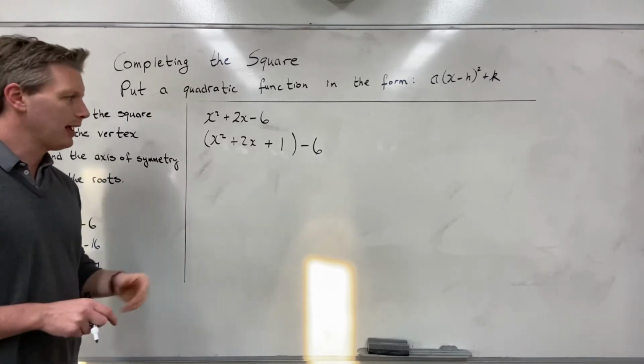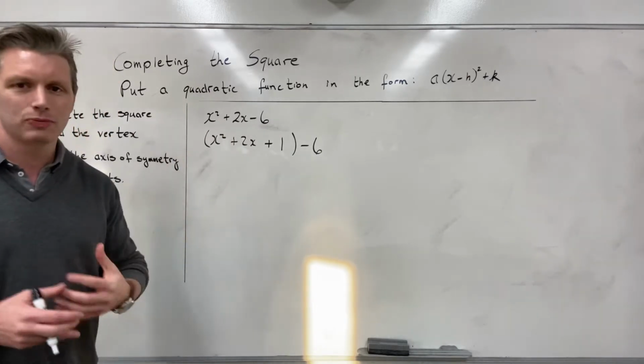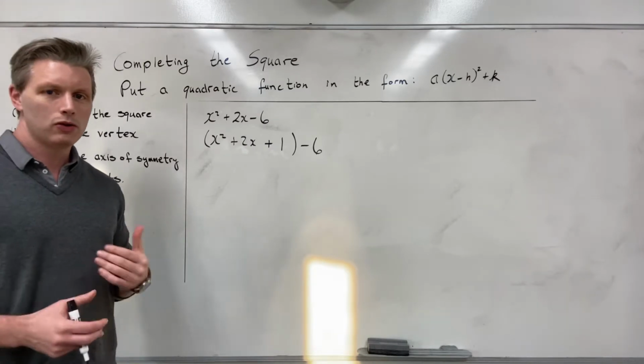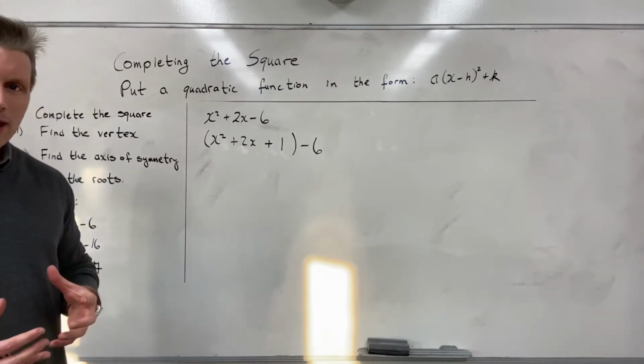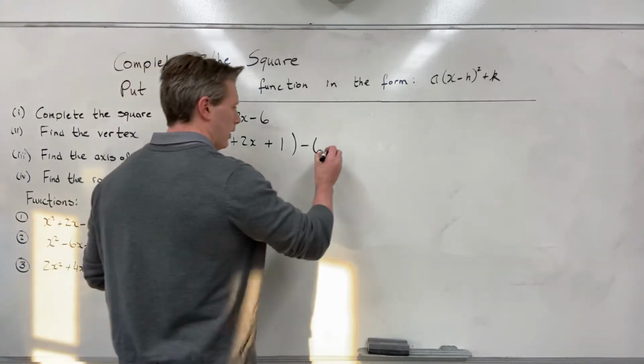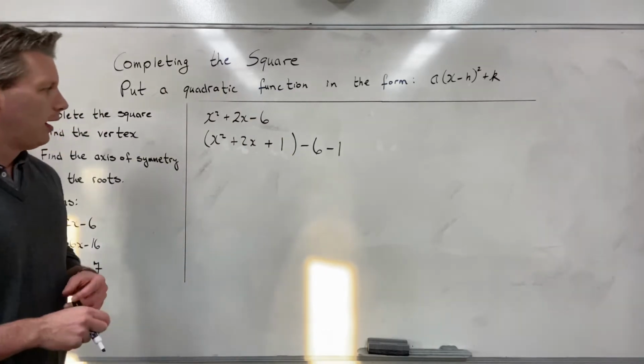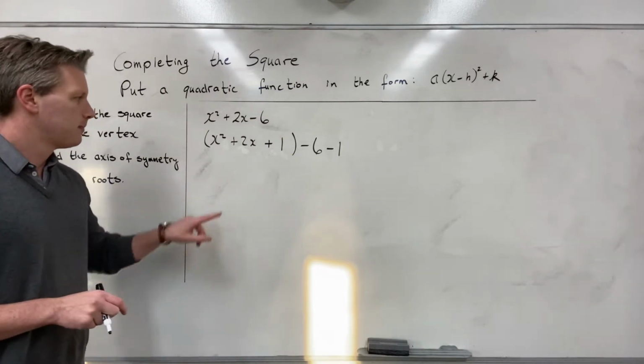Of course, I can't simply add a plus 1 to my original function without changing it. So in order to make sure everything is okay, I have to now subtract 1, and I'm going to do that over here. Okay, what have I gained?